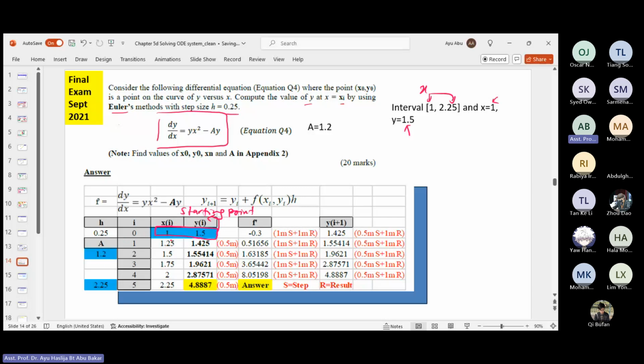Then you get this set of x values from the h. H is 0.25.